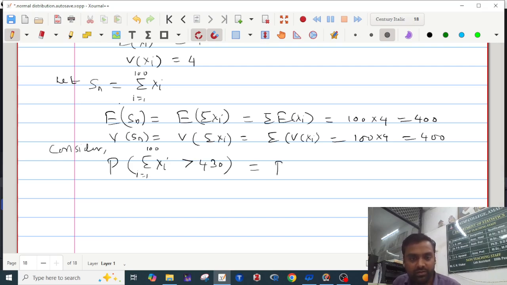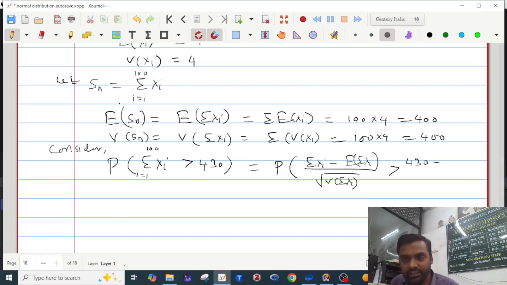So this is Sn minus expectation of summation of Xi divided by under root of variance of summation Xi, greater than 430. Its mean is 400 and square root of 400 is 20.